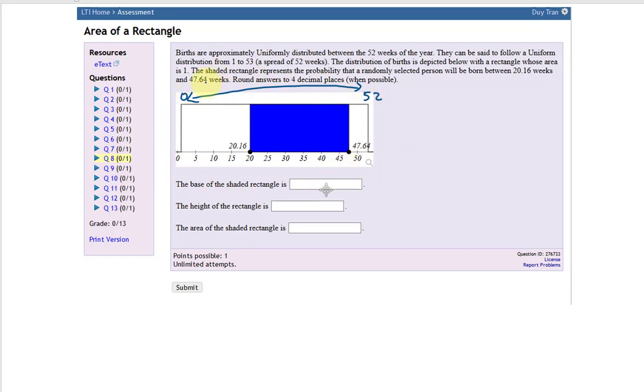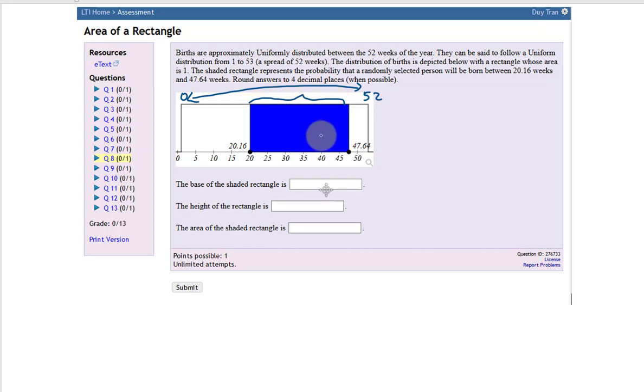Now the shaded rectangle, the blue one, represents the probability that a randomly selected person will be born between 20.16 weeks and 47.64 weeks. Round the answers to 4 decimal places. To find the base of the shaded rectangle, that means we are looking for this measurement here.